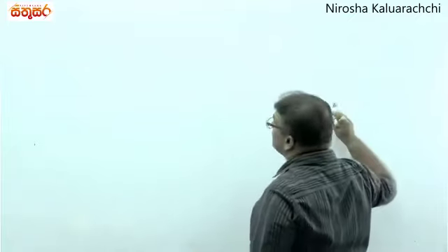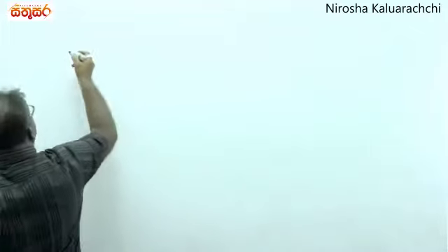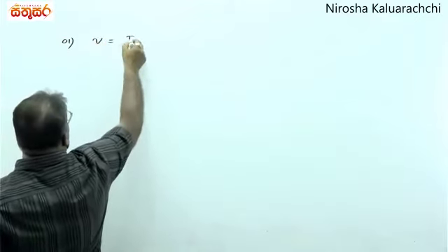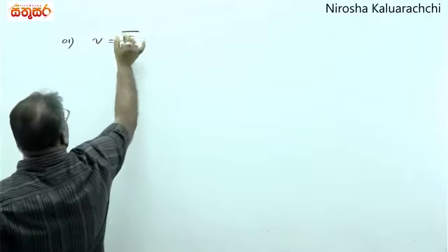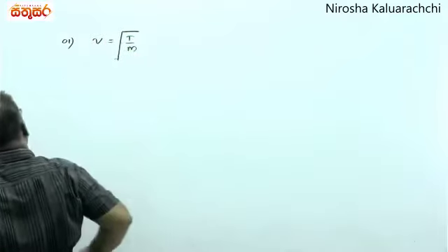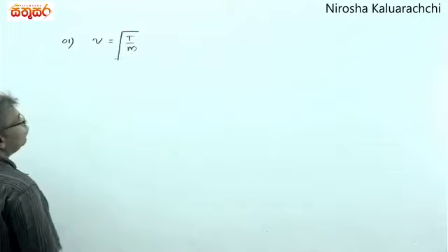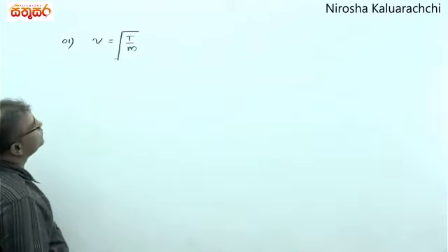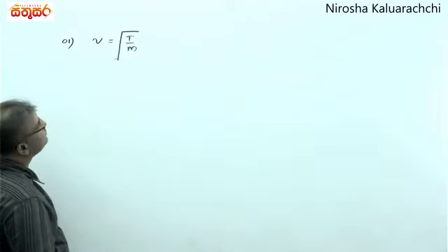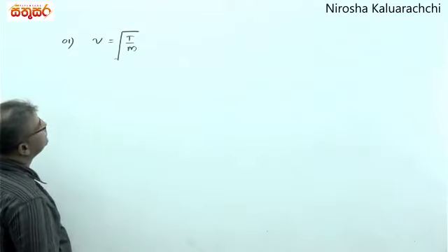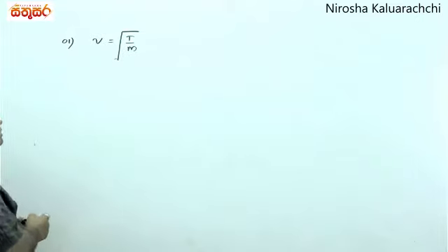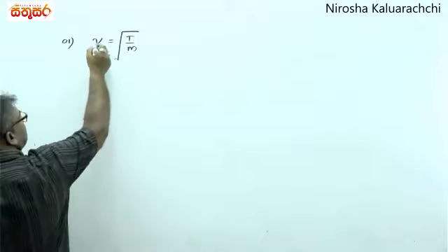Transverse wave velocity is related with the following equation: V equals root of T over M, where V is velocity, T is tension.